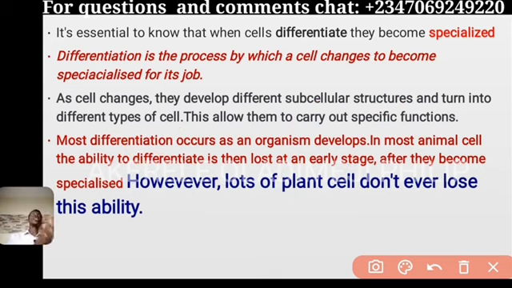Now, imagine you have everybody in the class. You have 20 students in the class, and all of you are students. Let's assume all of you are the same age, the same structure and everything. Then all of a sudden, your class teacher says, okay, I'm going to give the lab coats of a doctor to 5 of you.